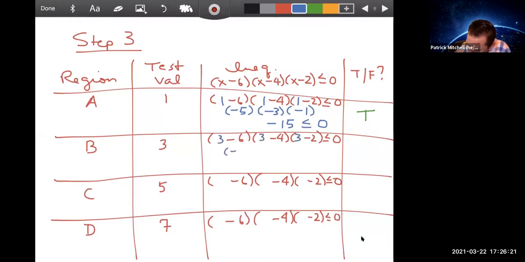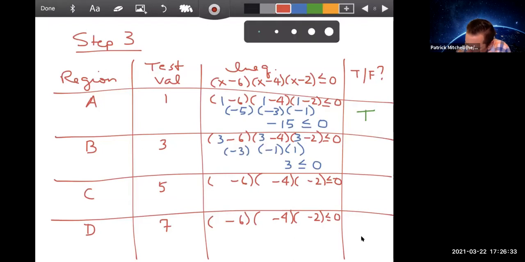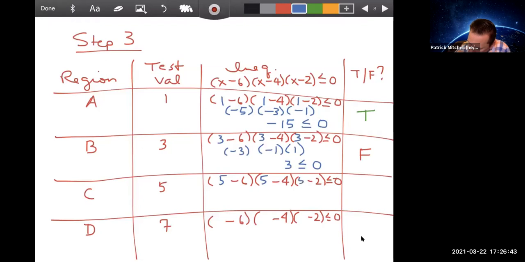Okay, that gives us -3 times -1 times 1, which comes out to 3. Is 3 less than or equal to 0? No, it is not. All right, then we go to 5. Which gives us -1 times 1 times 3, which is -3. Is -3 less than or equal to 0? Why, yes, it is.